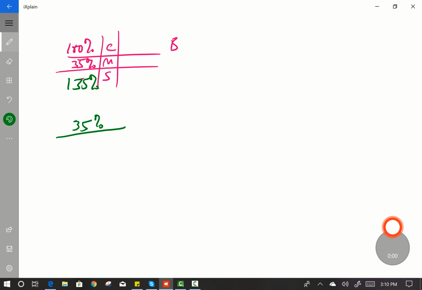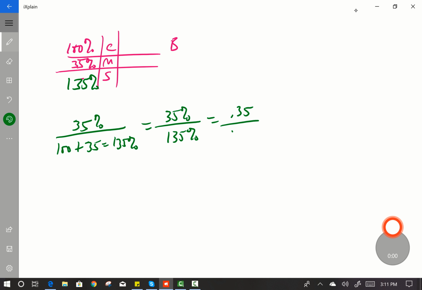Then we add the cost plus the markup, 100 plus 35%, and that'll equal 135%. Then we restate that as 35% over 135%. Then move the decimal point 2 places to the left to make it 0.35 divided by 1.35.